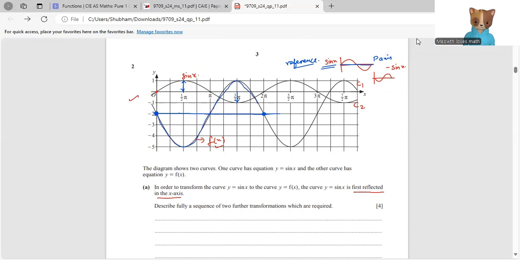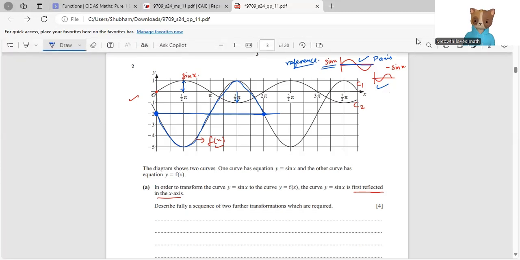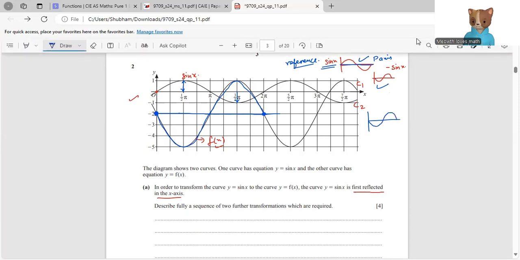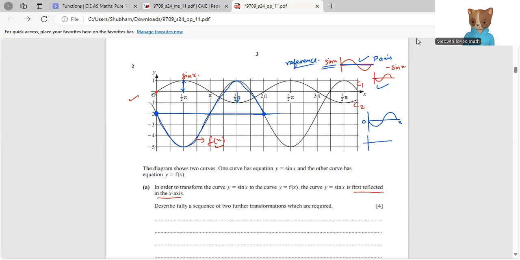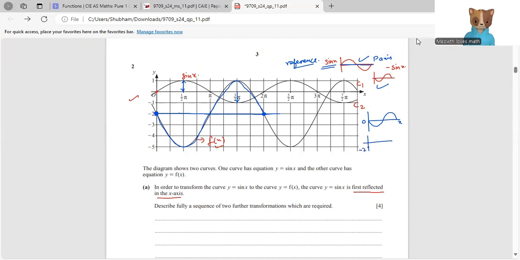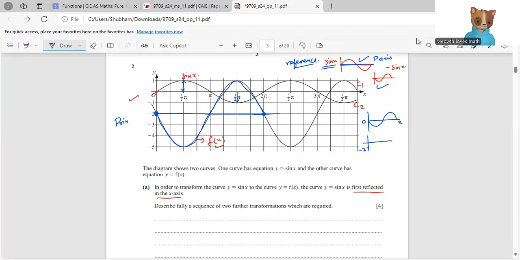So the first transformation is already given to us, from this to this. Now this blue color graph was on the 0 x-axis, and now this x-axis has actually shifted towards -2. So -2 is my principal axis now.